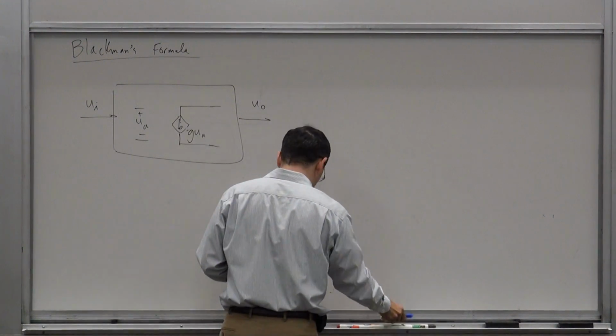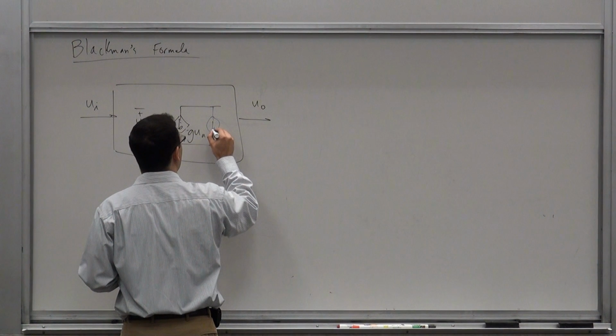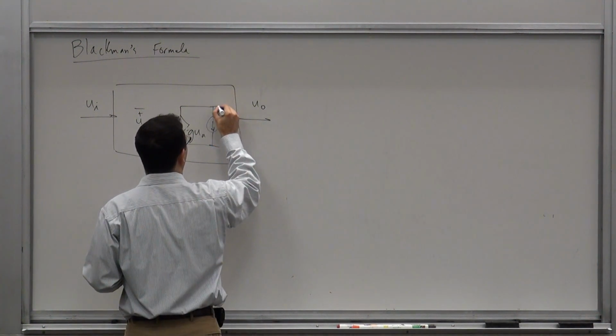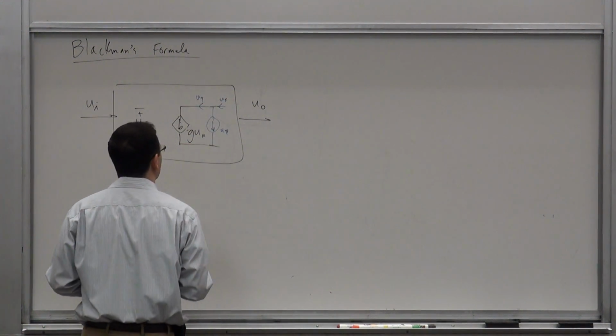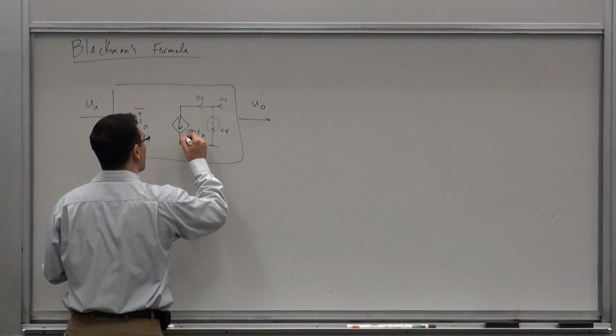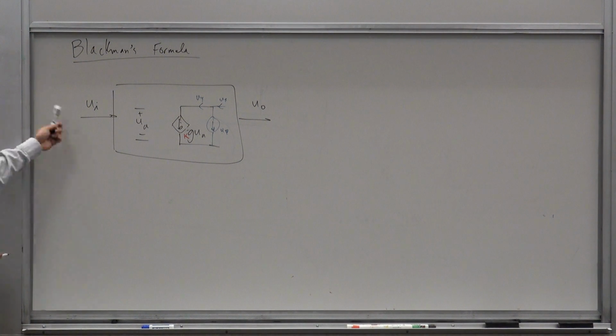To determine the return ratio, we said this is some UZ, and this became UX, an independent current source, and UY, the return current. In the most general case, we scaled this by K. The return ratio is determined when K is 1 and UI is 0.